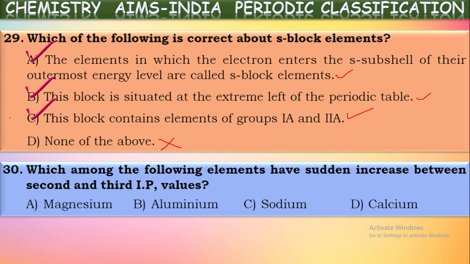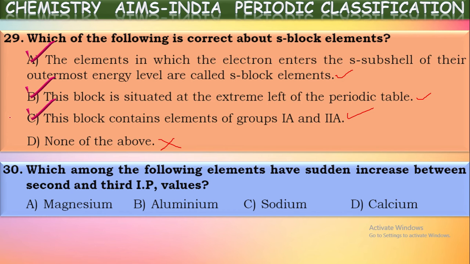If you want a greater difference between the second and third IP values, that element should have two electrons in its outermost shell. By that, after the removal of two electrons, it attains the nearest noble gas configuration. So the removal of the third electron requires a much greater amount of energy. That is, the third IP will be much greater than the second IP. There will be a sudden increase between these two.